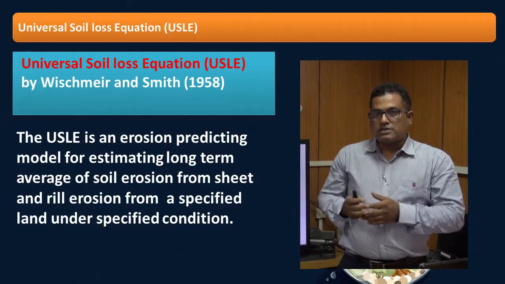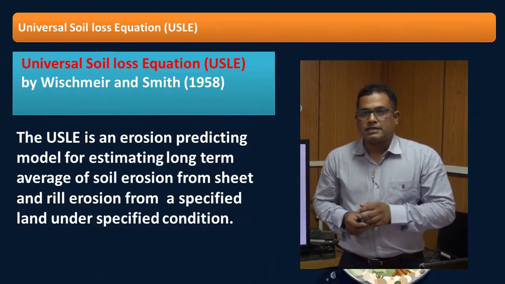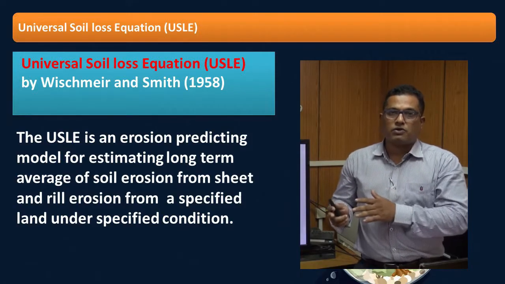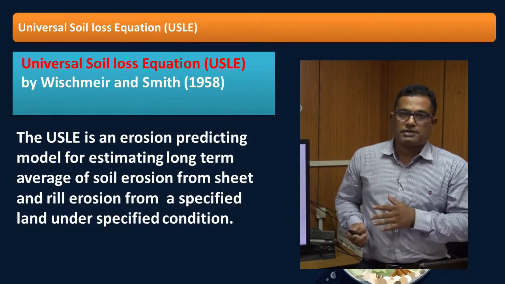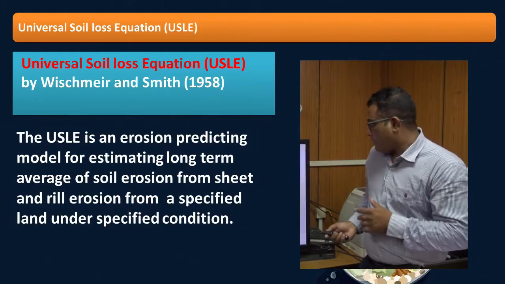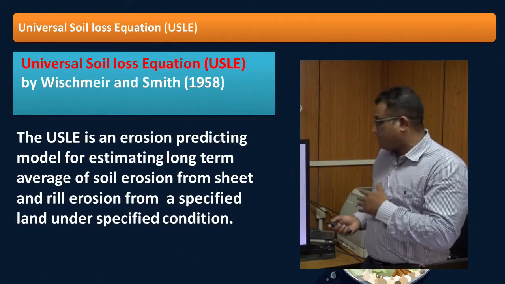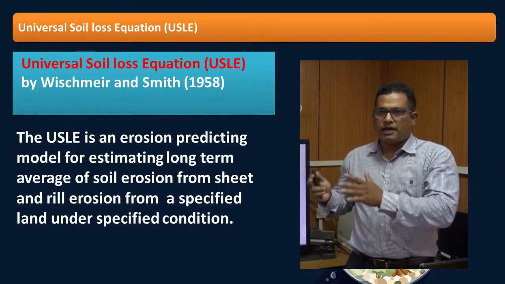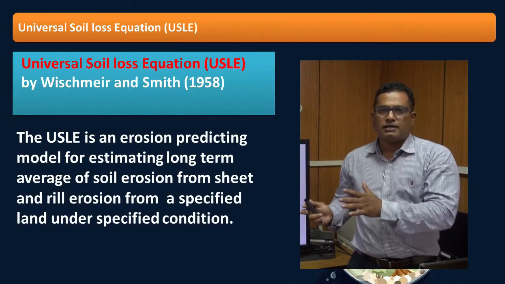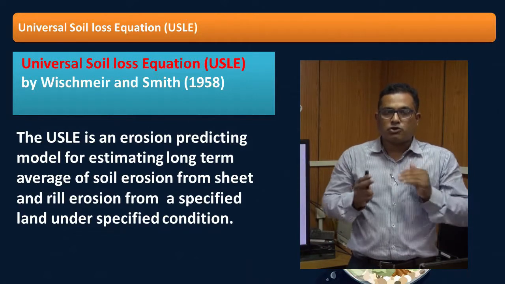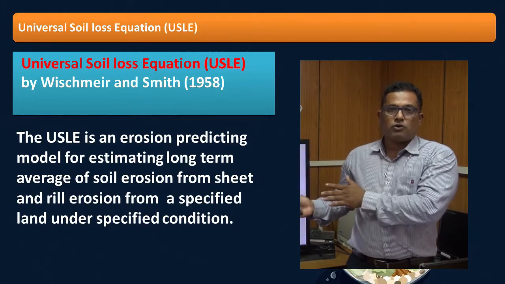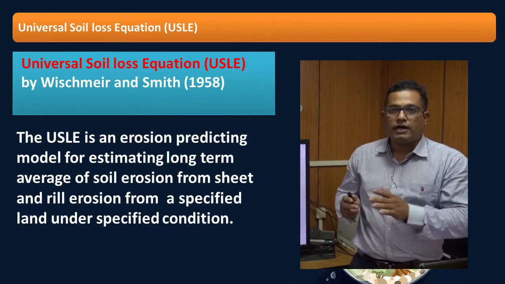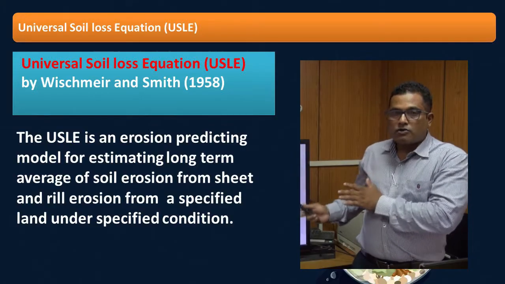This universal soil loss equation is estimated for rill and sheet erosion in agricultural fields, in a specified land under specified field conditions. Everything is very much specified in this: the length of the field as well as the slope of the field, the crop that is grown, or the management factor which we are adopting in this particular field. It is specified under controlled condition.